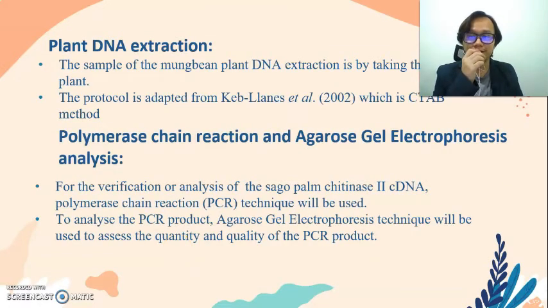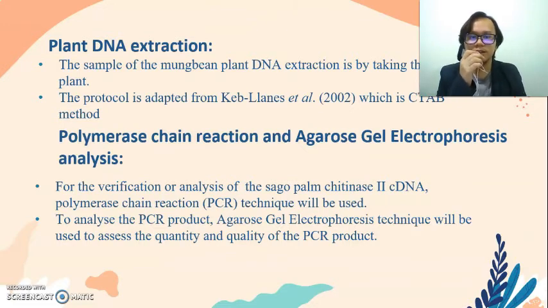Next is plant DNA extraction. The sample for the mungbean plant DNA extraction is taken from the leaf of the plant. The protocol used is the CTAB method. Last but not least is polymerase chain reaction and agarose gel electrophoresis analysis.